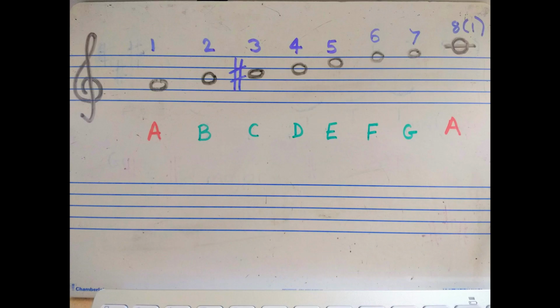So we've established that the first 3 notes of A major are A, B, and C sharp.